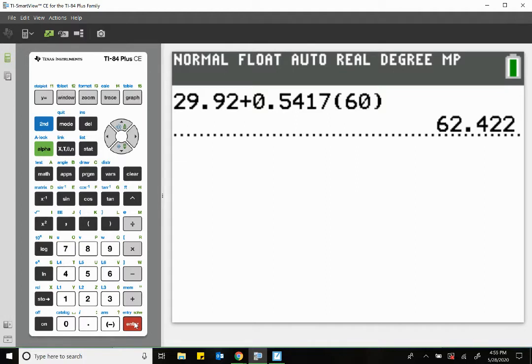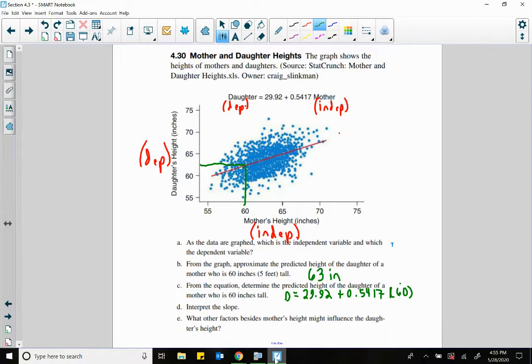So we are a little high, but we're darn close. Okay? It probably says to round to the nearest whole number. So obviously we would say that this is 62 inches. Okay? So notice that our guess, because we were looking at the graph, and then what our equation gave us, pretty darn close. Okay?